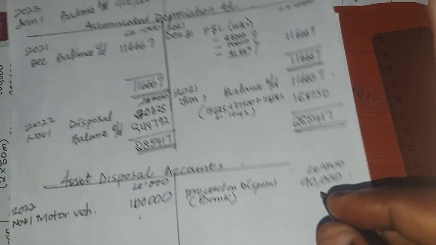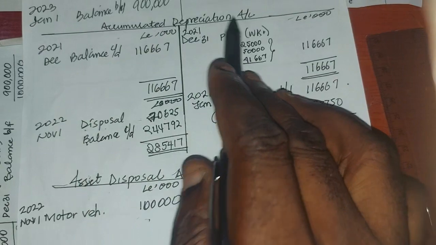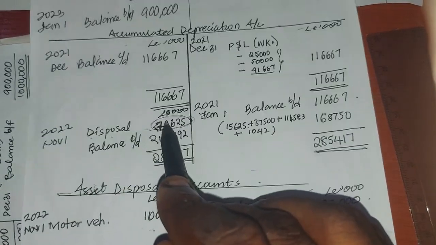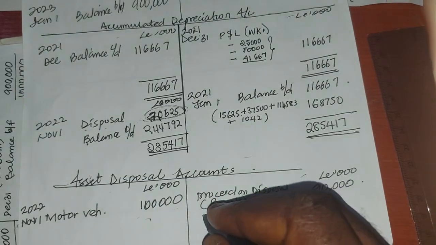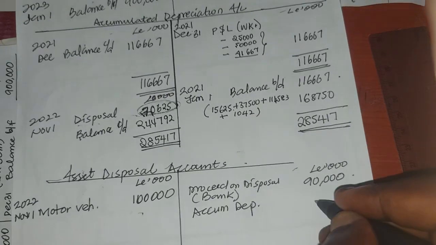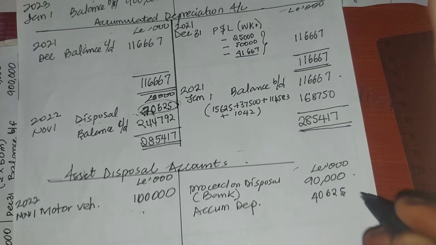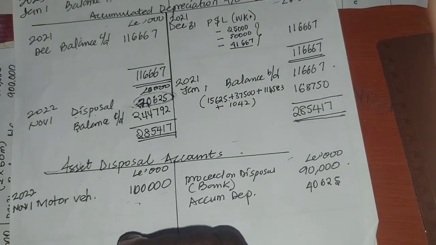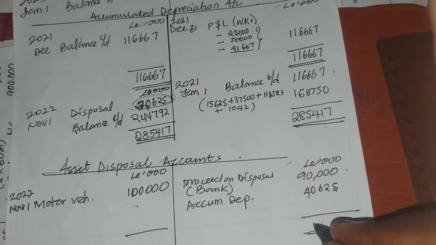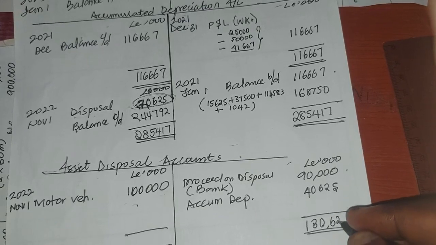Then the accumulated depreciation on the disposal, which is this, will now be posted as accumulated depreciation, which is 40,625. Then you add both sides. Of course, this side is more, that's 130,625.